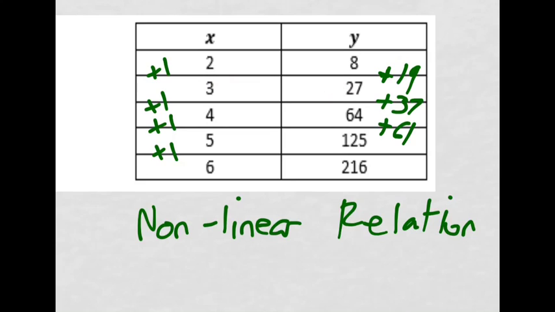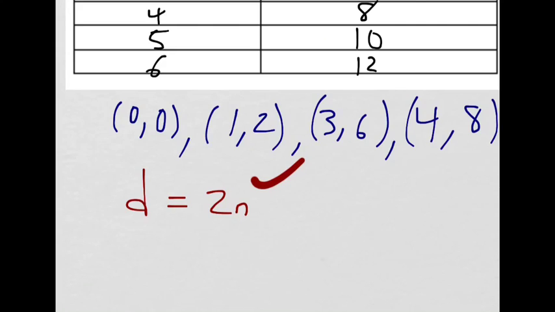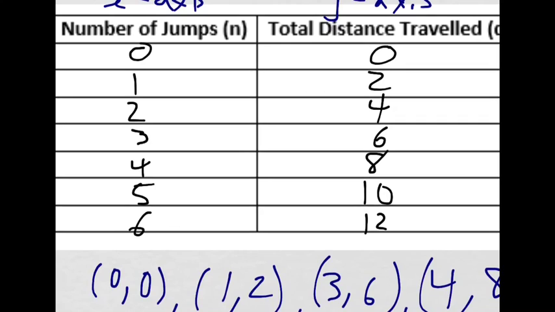So question now. The table that you created in 1b, this table, is it linear or non-linear? Linear. Linear, why? Yeah, on the right side, we're going up by 2 every time.